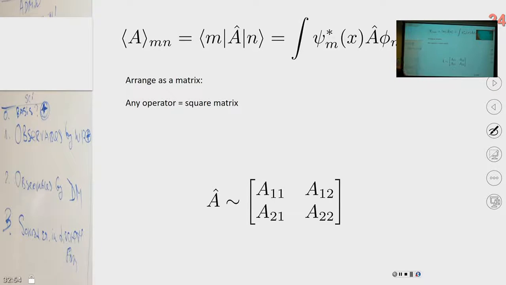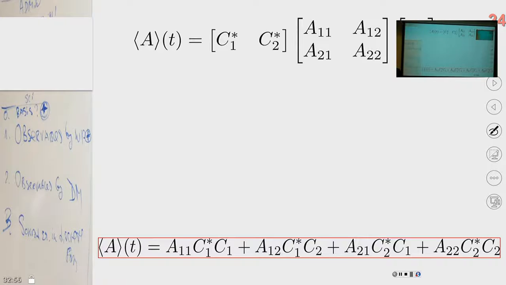You already went through it. Expansion coefficients, matrix elements. Expansion coefficients, matrix elements. Nothing else. It's sufficient for getting the expectation value.